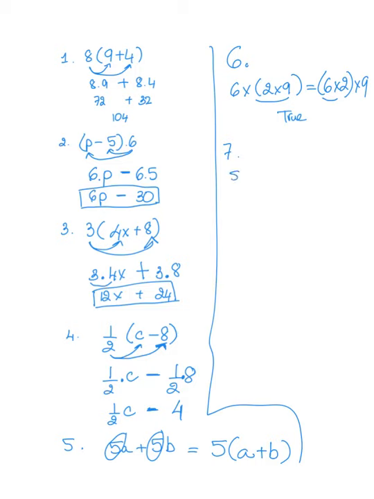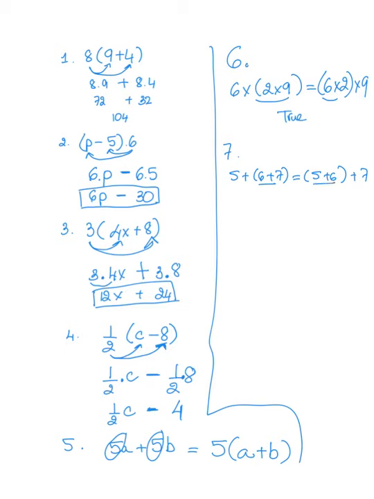Number 7. Show what each side is equal to. 5 plus 6 and 7. The other one is 5 plus 6 and 7. Okay, it is associative property because they are in different groups. First, you have 6 plus 7. The second group, you have 5 plus 6.